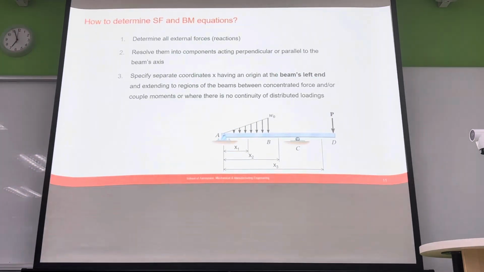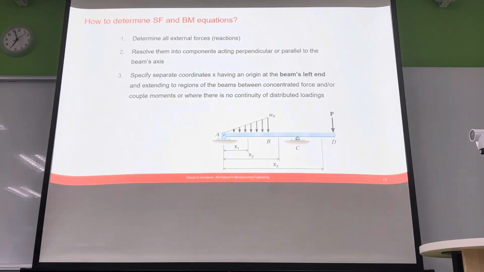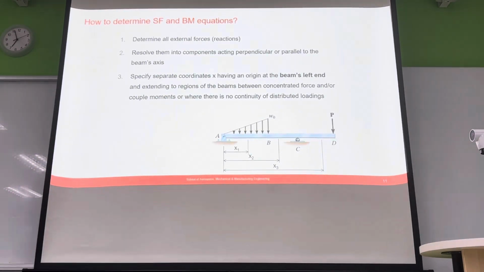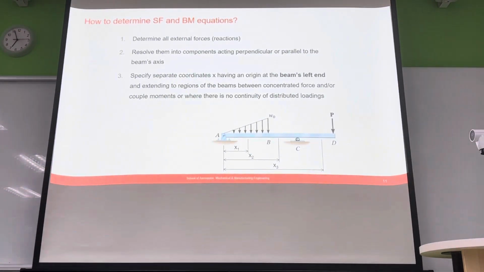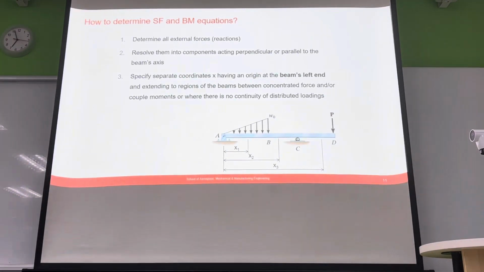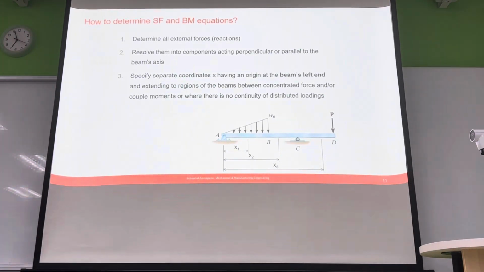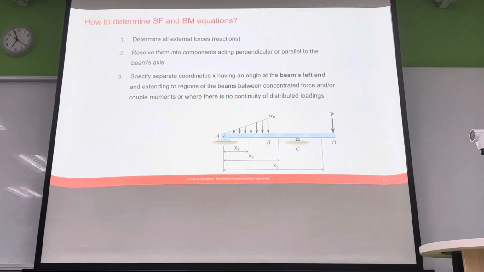So here we have two reactions. The first thing we'll need to do is to calculate those reaction forces. We do that on a free-body diagram. And once we know what those reaction forces are, we can have them applied, and then we can start going through the process of generating the shear force diagrams and bending moment diagrams.